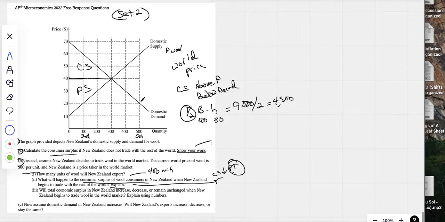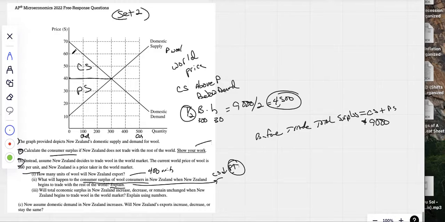So let's figure out before trade what our total surplus was, which just means our consumer plus our producer surplus. That was 30 times 3. Didn't we already do this? Yeah, 4,500. So this is the same thing, so we'll just double this. Our total surplus originally was $9,000.